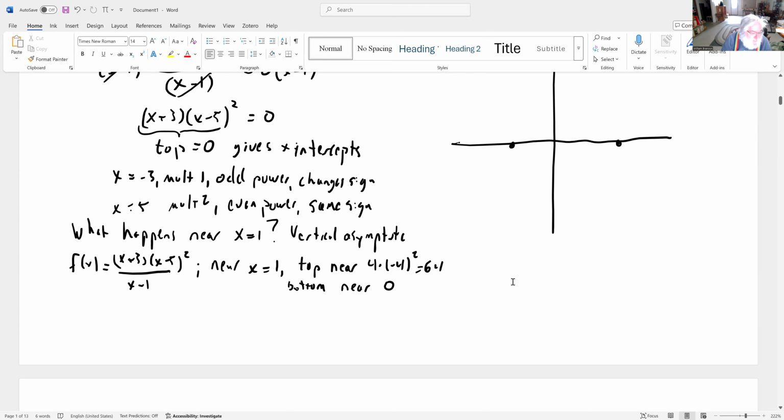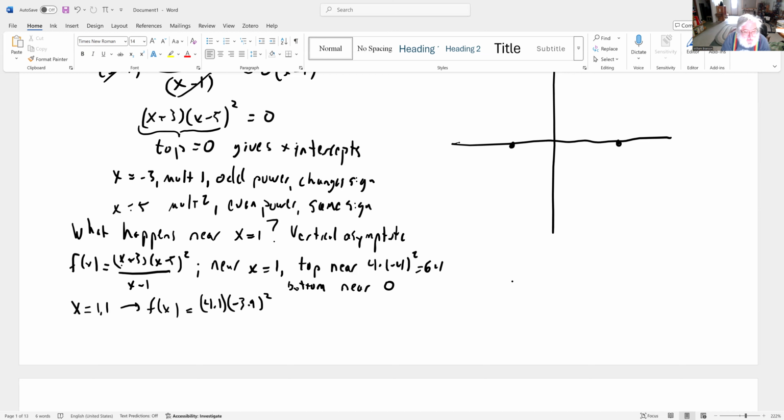So suppose we have f of x. We take x equal to 1.1. So that's pretty near x equals 1. What is f of x equal to? Well, it's going to be 4.1, because if we set x equal to 1.1, add 3 to that, we get 4.1, times 1.1 minus 5, which is minus 3.9 squared.